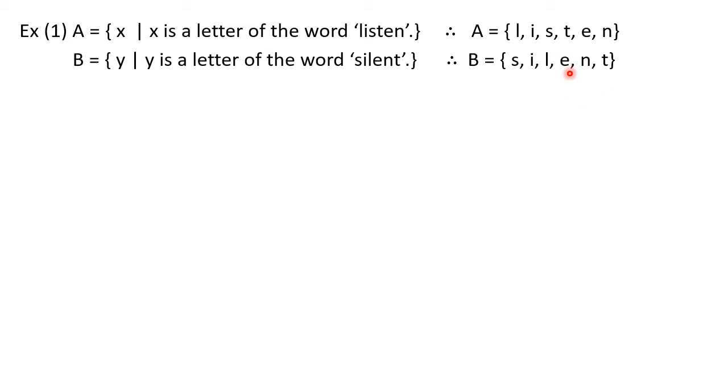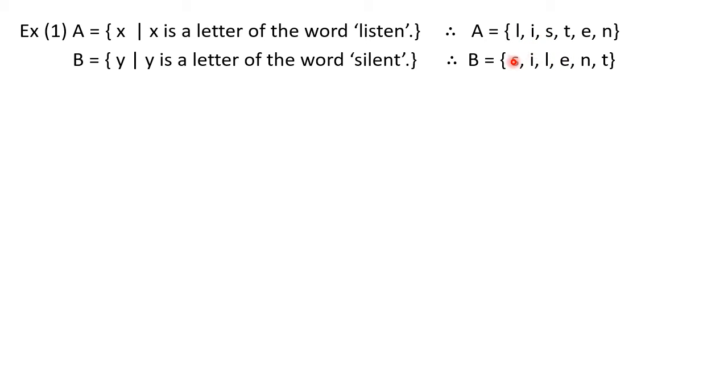Now compare them. Okay. One thing you have to keep in mind is that order is not necessary here. While comparing the sets, order is not necessary. Only the definition matters: every element of A should be in B and every element of B should be in A. Okay. So see, L is present in A and B both. I is present.